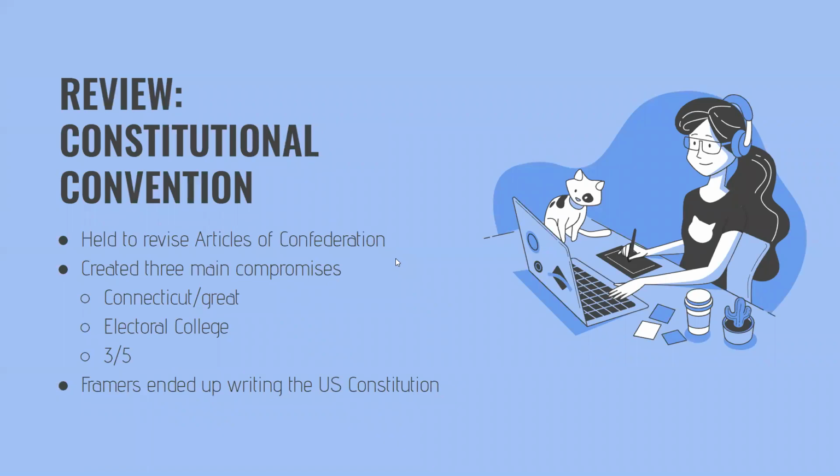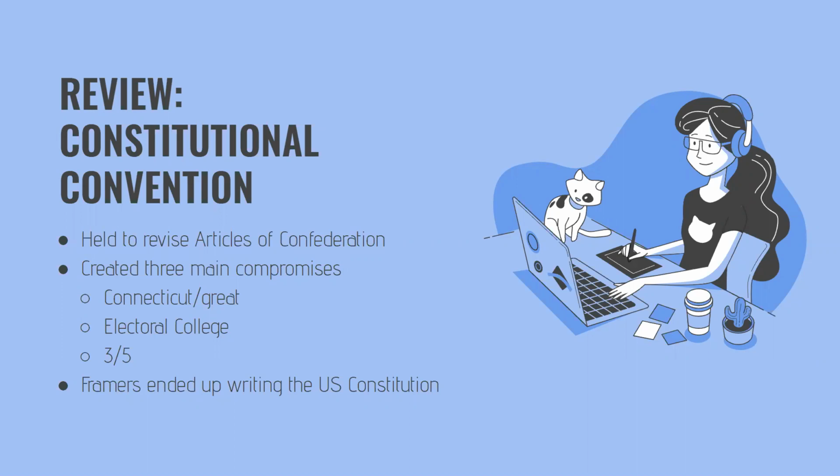So, let's review the Constitutional Convention. It was held to revise the Articles of Confederation. If you don't remember, it was the old document that founded the U.S. government, and it created too weak of a central government, so they had to revise it. And it created three main compromises.